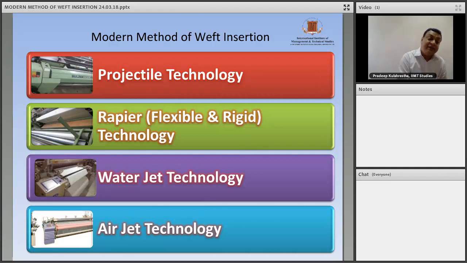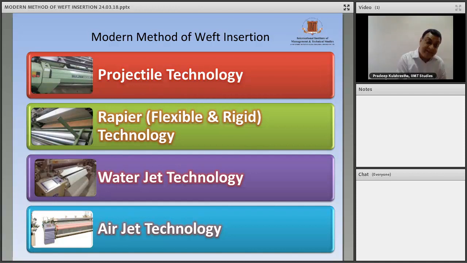In rapier technology, there are two grippers. One gives the yarn to the receiver, which goes to the other side of the weaving shed, and beating takes place. This is a very economic weaving system, adopted very much for technical fabrics as well as aesthetic fabrics, because any type of count can run on the system.